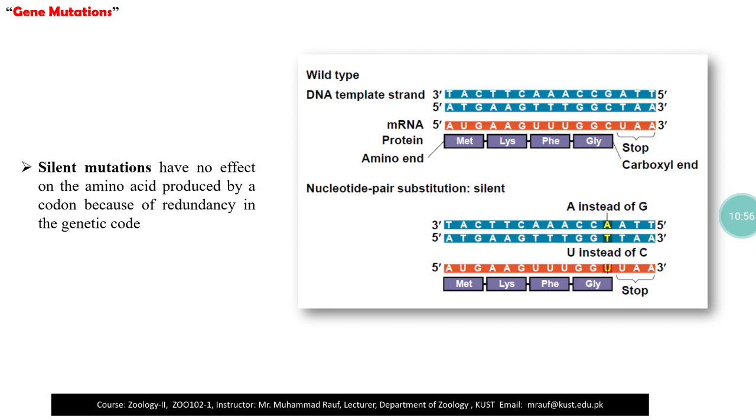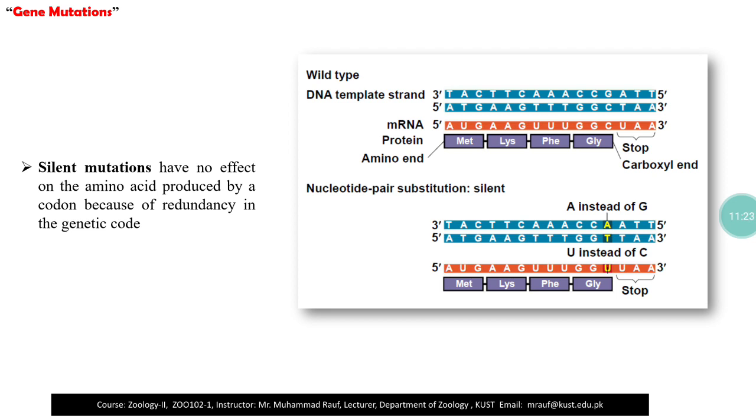So the first one is silent mutations. Silent mutations are usually a result of base substitution. You already saw the genetic code, and you know about codons, which are the triplet of bases, and they represent amino acids.